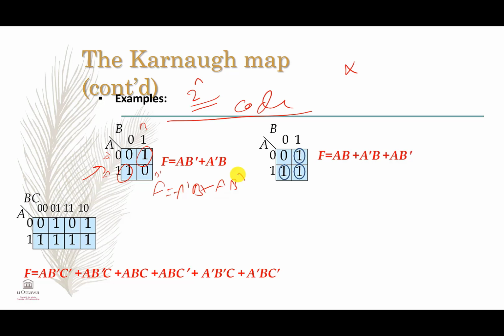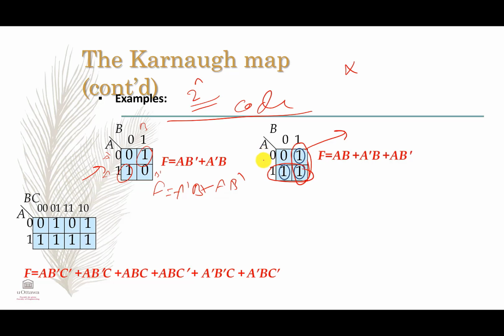Now, when it comes to this function here, I can do a grouping in a way that I can group vertically here and I can group horizontally here. So now to get the corresponding term for this group, you see that?